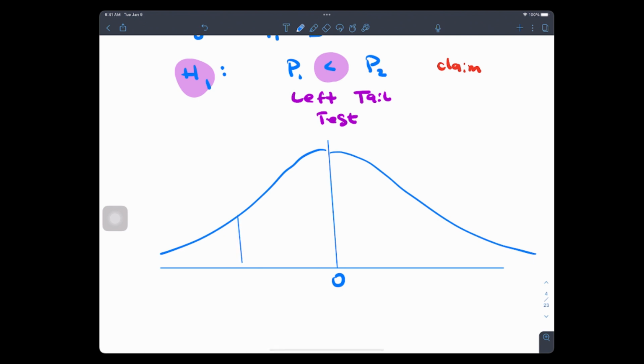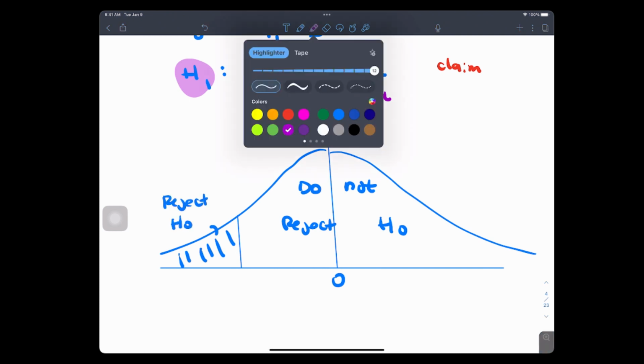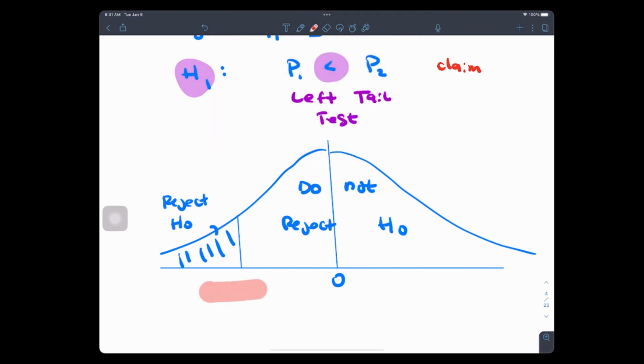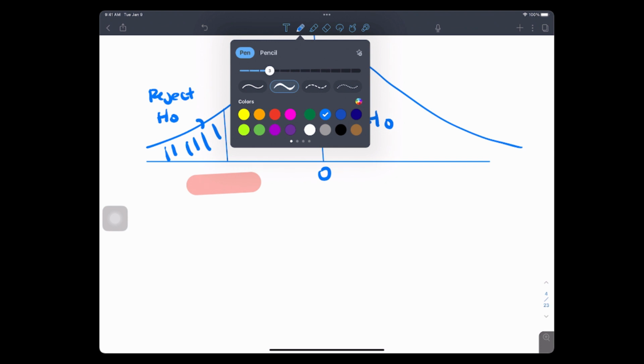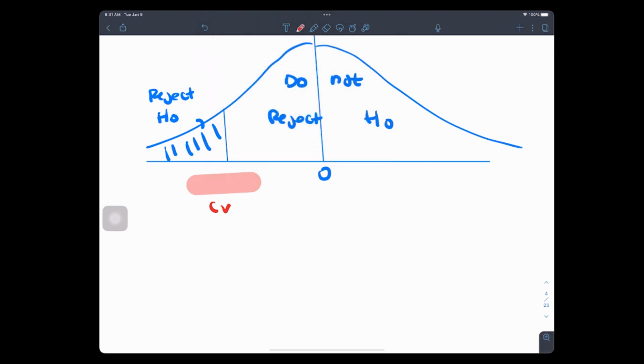Is that true? Okay, draw a left tail. Now, what do I label the non-shaded region? Always do not reject your null. Over here, you're going to reject the null. Now, what goes down here? What's that called? Good job. You need a critical value.